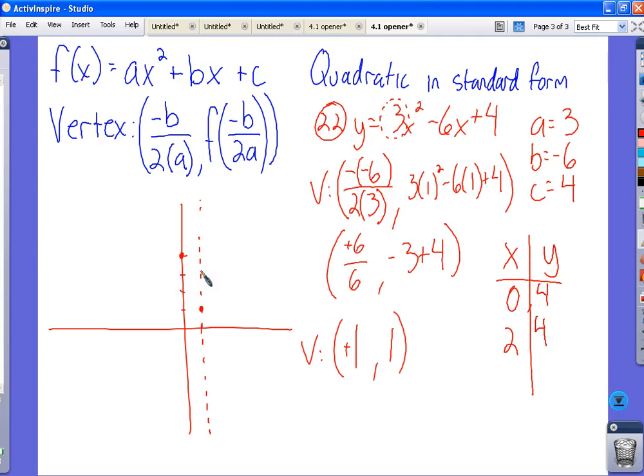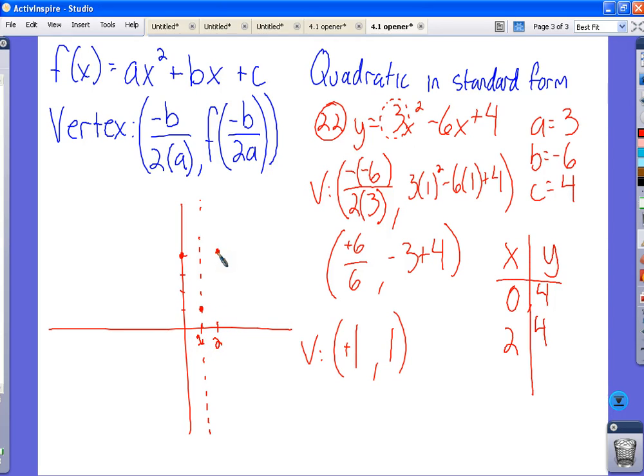So if I reflect this over, where will it land? And symmetrically, what x value would this be then? This is 1, right? So these are 1 apart. So if we go another 1 on the other side, what's that? 2. This is 1. This is 2.